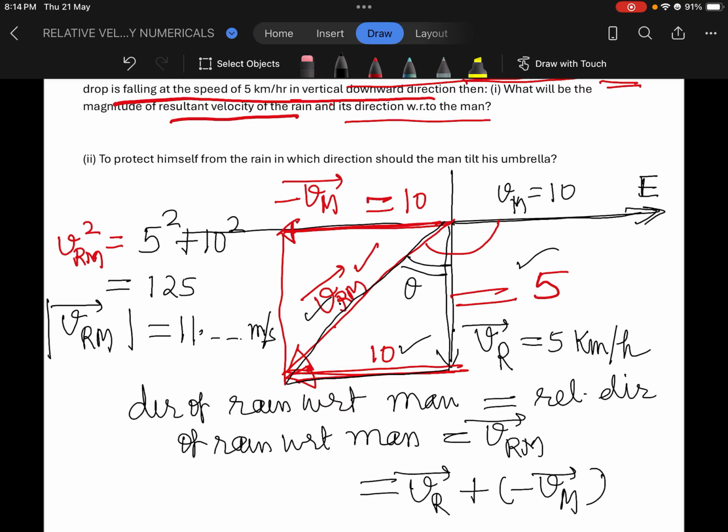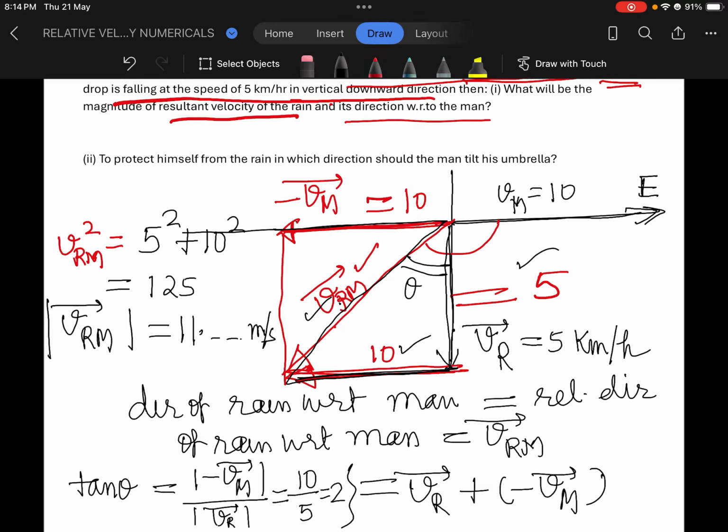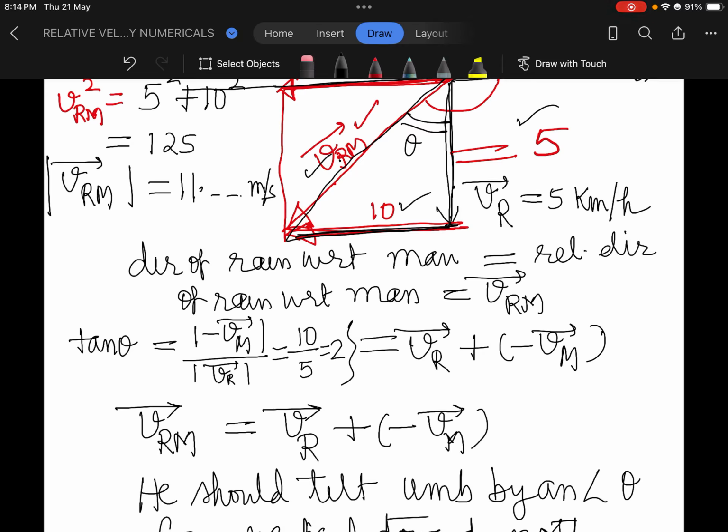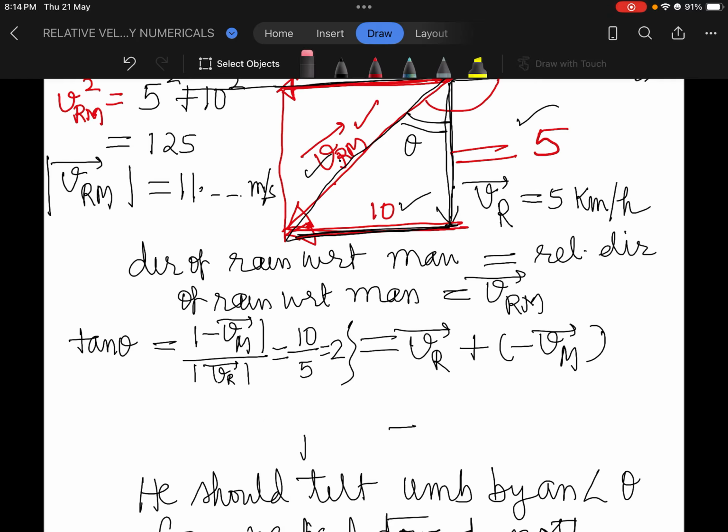Now you have to find this angle theta. So what will be tan theta? Tan theta will be equal to magnitude of negative vector VM upon magnitude of VR, that is equal to 10 upon 5, that is equal to 2. So tan theta equals 2, so theta comes out approximately 66 point some degree.